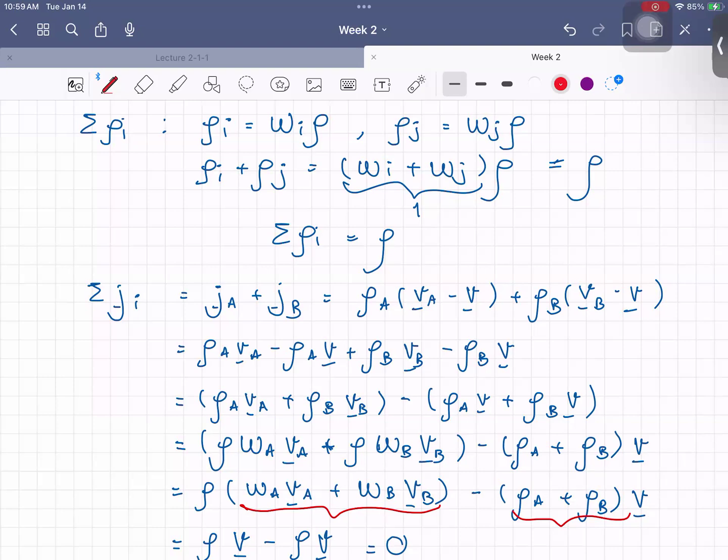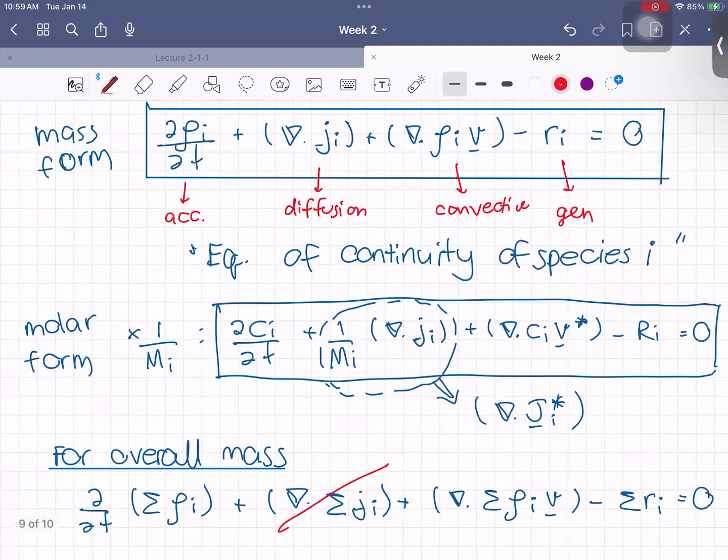Good. Next is what else? Del dot sigma rho i v. Since sigma rho i we already derived is equal to rho, this term is actually del dot rho v.